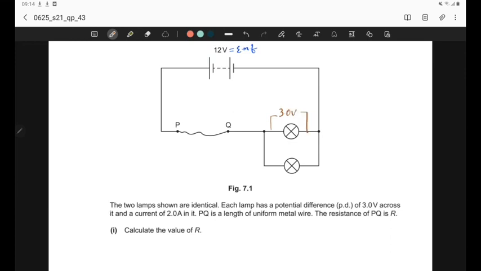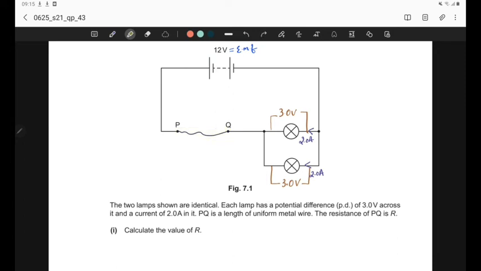Since both the lamps are in parallel, the voltage across these lamps will be the same, and a current of 2 ampere is passing through both the lamps. These are the information given, and we need to calculate the resistance of the wire between P and Q.